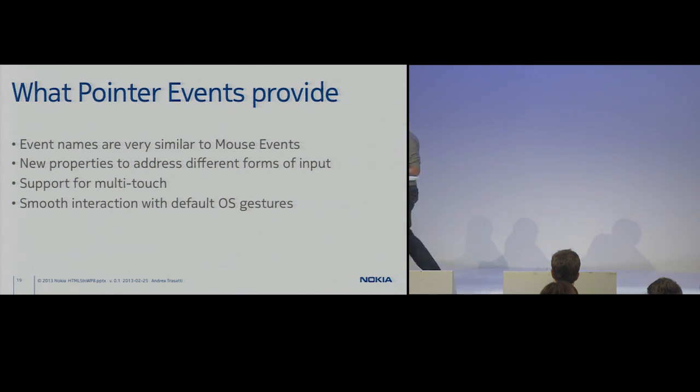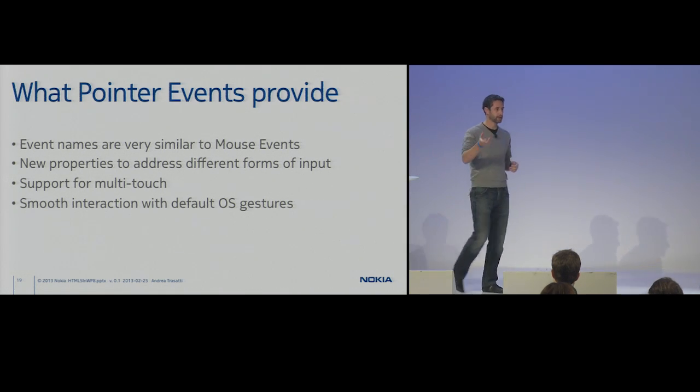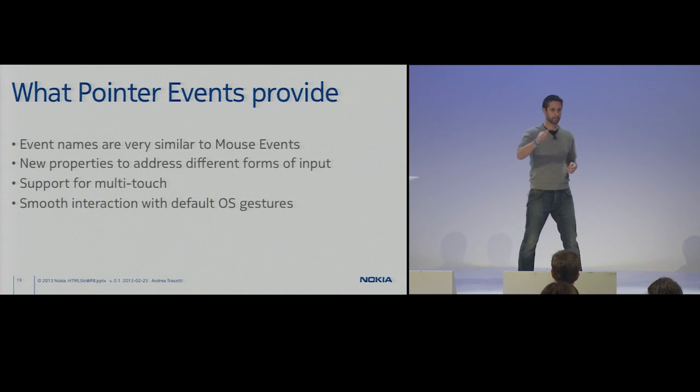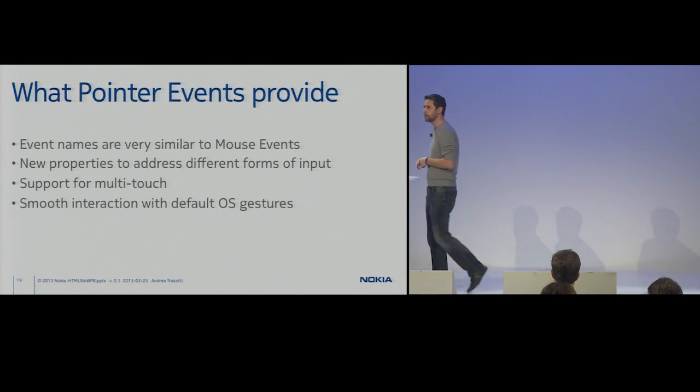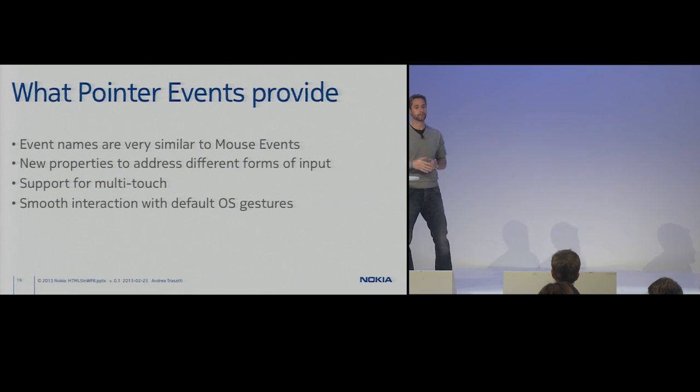There are also some additions. For the mouse events you had an ID to recognize left and right buttons. With multi-touch, of course, we need to address multiple touch points. So you have unique values to identify which touch point and how many. So was it the first, the second, the third?